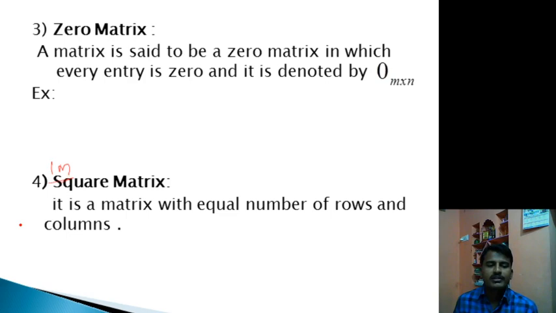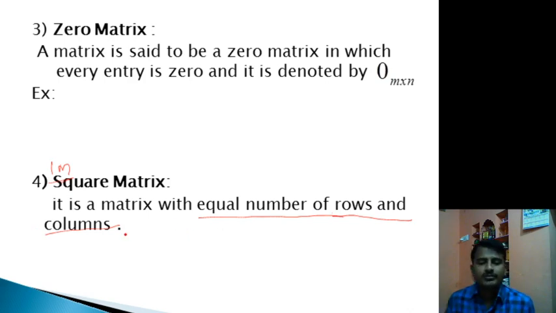A square matrix is a matrix with an equal number of rows and columns. Remember this most important statement: equal number of rows and columns.